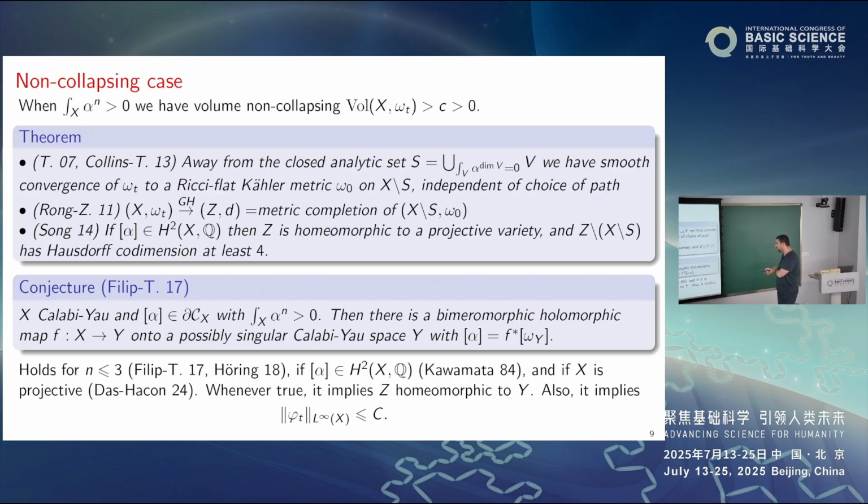It's also true if the manifold is projective. This is very recent work of Christopher Hacon and Omprokash Das. So presumably they are working on the general case. So hopefully it will be settled soon. And the point is, if you can prove this, then that's exactly what's needed to run this Jian Song argument. It will give you the same results, the homeomorphism in general.